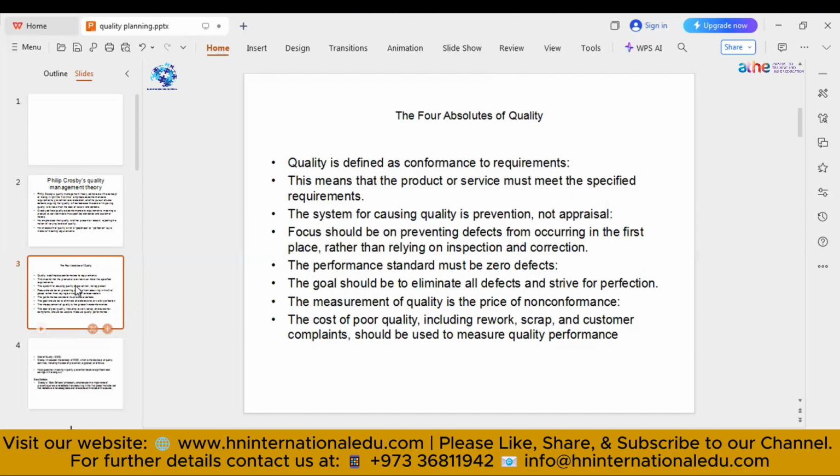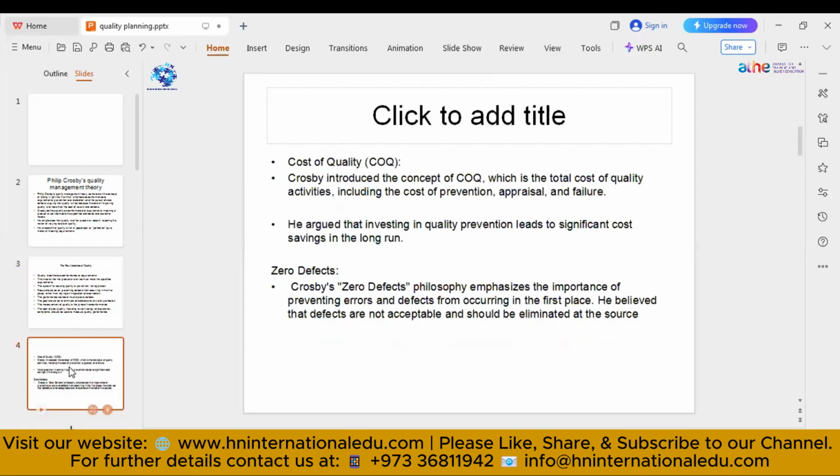If you try to improve your product from the very start, there will be no complaints, so customers will be satisfied. Instead of wasting time and cost on scrap, rework, checking and inspection, focus on improving the quality from the very start. So this is the theory of Crosby.